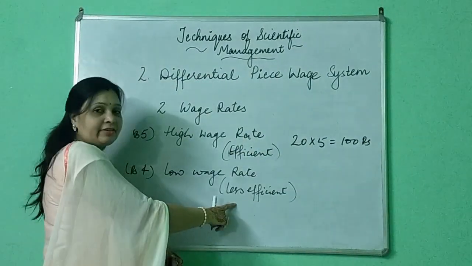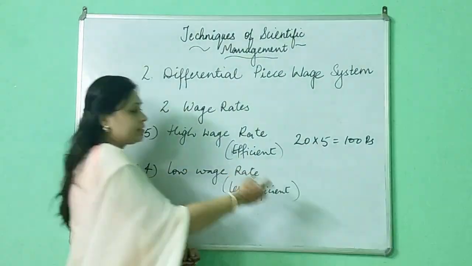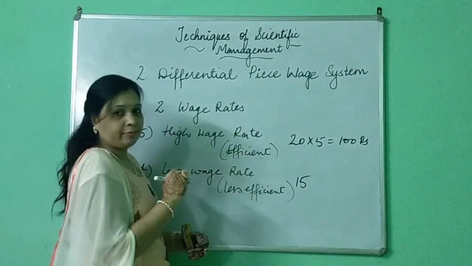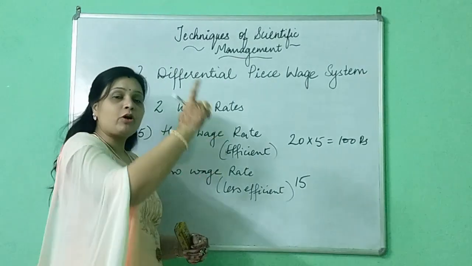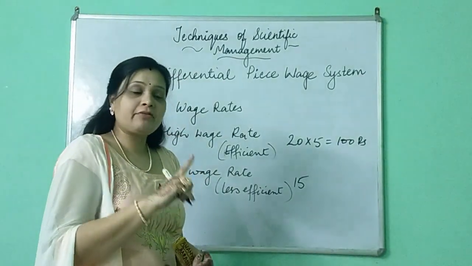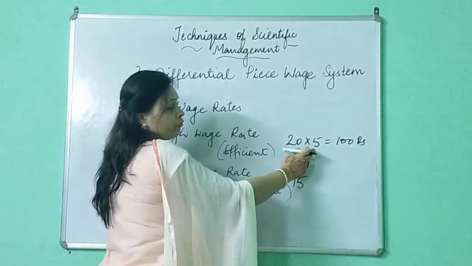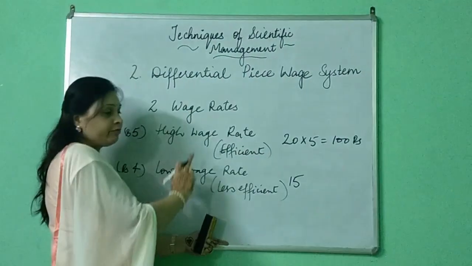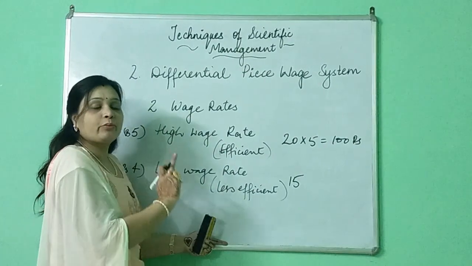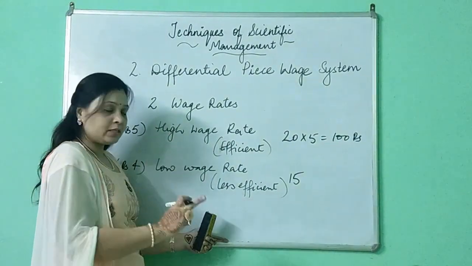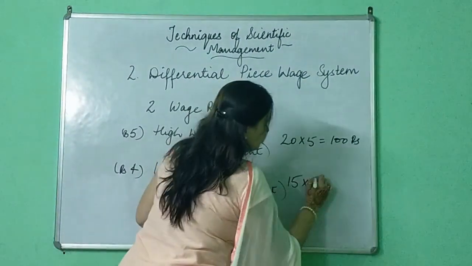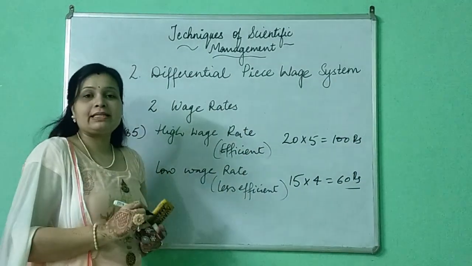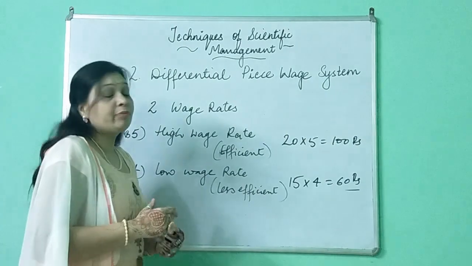But if a less efficient worker has made only 15 units, under the traditional method we would have paid him 15 into 5, 75 rupees. But here, according to this wage system, we pay him less because he is not working with full efficiency. We pay him only 60 rupees, which means 15 rupees less than the original rate.